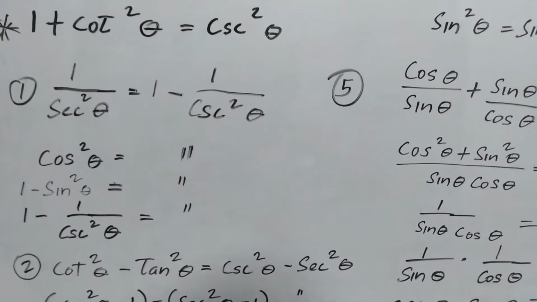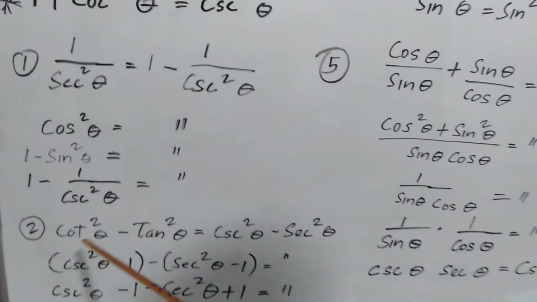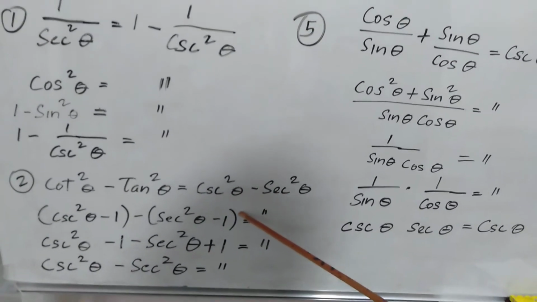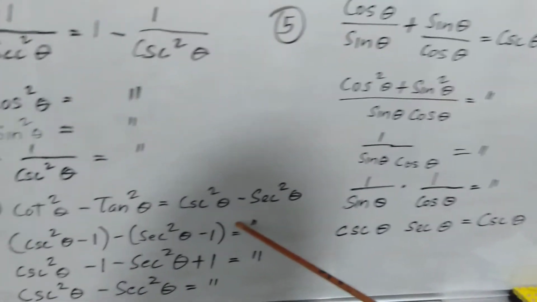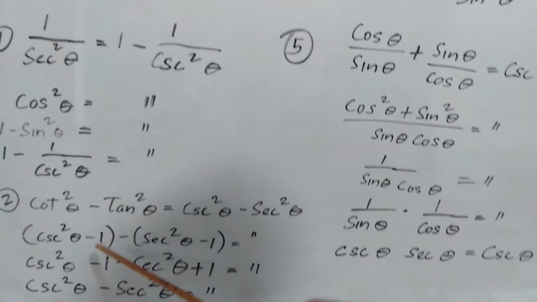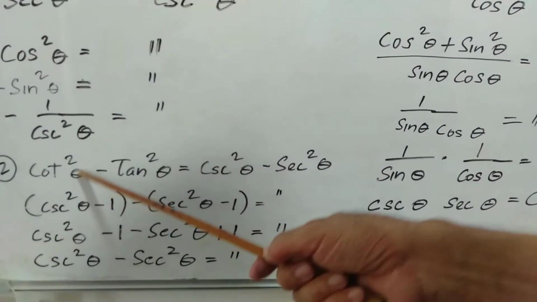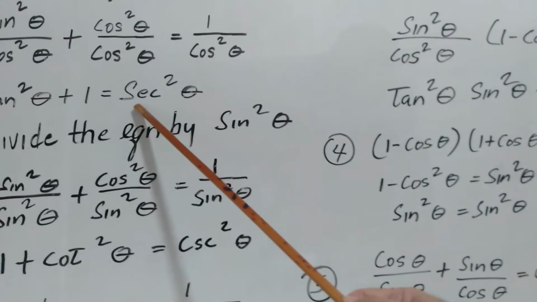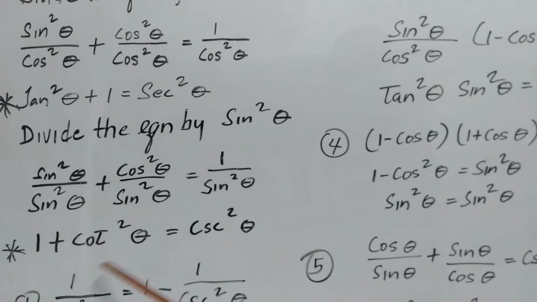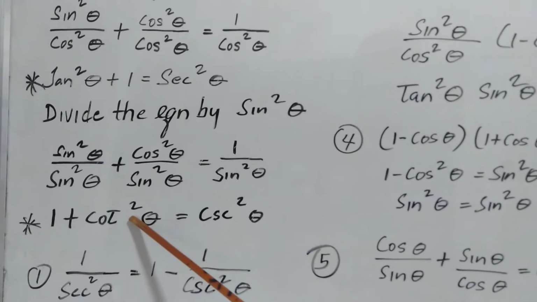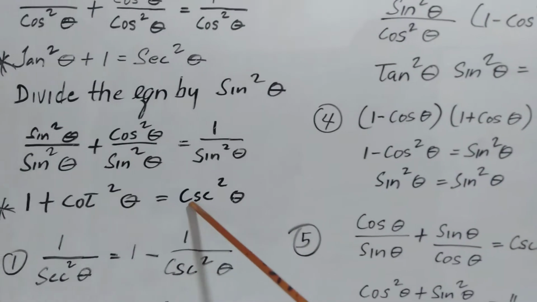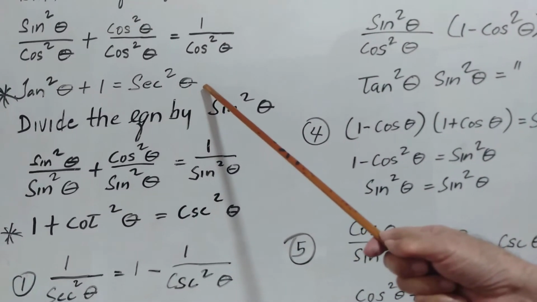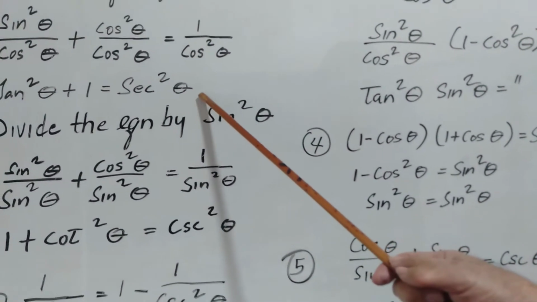For problem number 2, we have cotangent squared theta minus tangent squared theta is equal to cosecant squared theta minus secant squared theta. From the relations we derived, cotangent squared theta is equal to cosecant squared theta minus 1, and tangent squared theta is equal to secant squared theta minus 1.